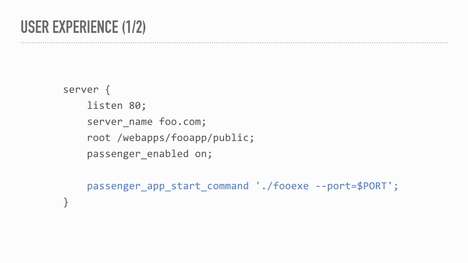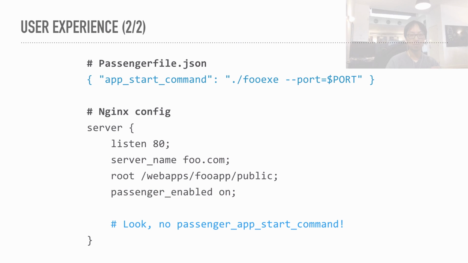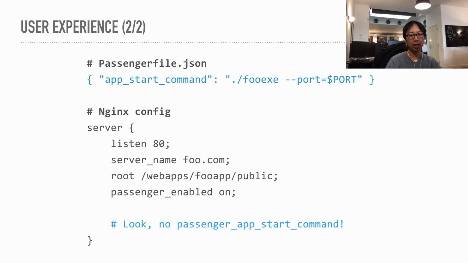So our approach is to ask the user for a command string that specifies how the app is to be started on a certain port. And it works as shown here. Passenger automatically replaces the port variable with an actual random free port on the system. But the user and the developer may not be part of the same team or even the same company.